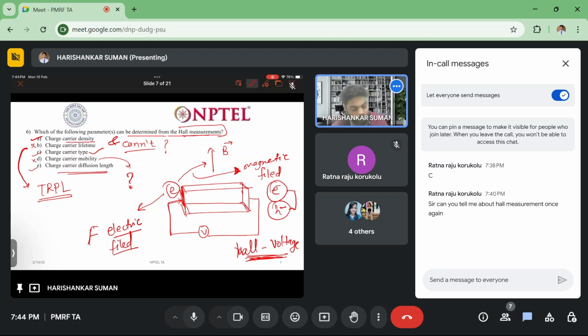You can check any book and read the process. If you don't understand, you can ask me in the next lecture. Please first read yourself and check which direction the electric field is, which direction the magnetic field is, and how the force on the electron is generated.